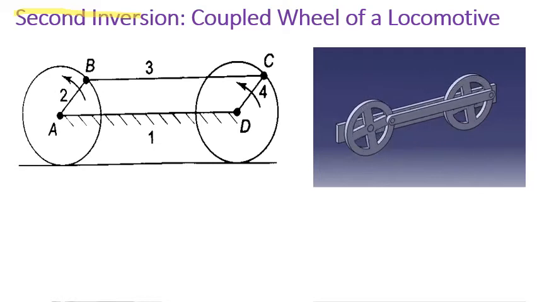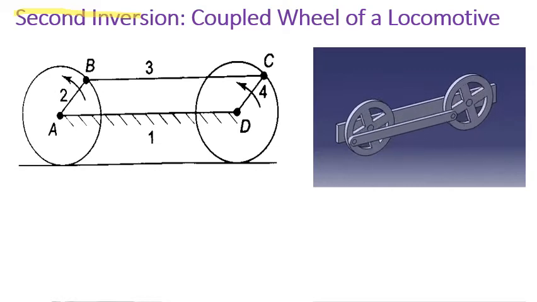In this mechanism, link AB and link CD are of equal lengths, and link AD and link BC are of equal lengths.